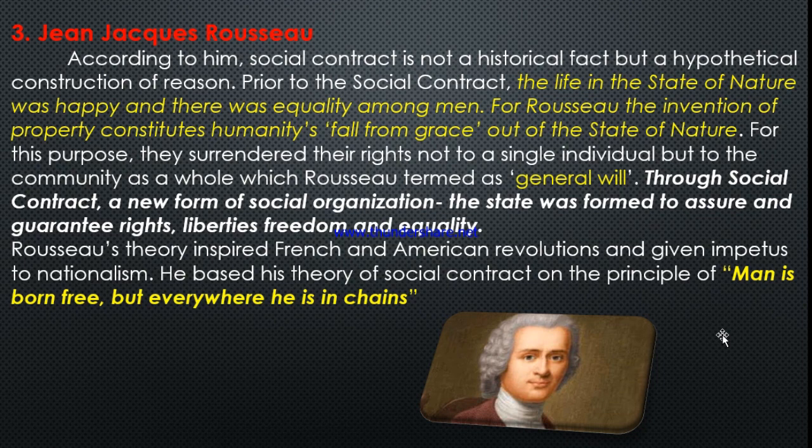He's saying that life in the state of nature was happy and there was equality among men. The invention of property constitutes humanity's fall from grace out of the state of nature. Before property, they were living peacefully, they were loving each other, they were not fighting. But the introduction of property in society brought chaos.